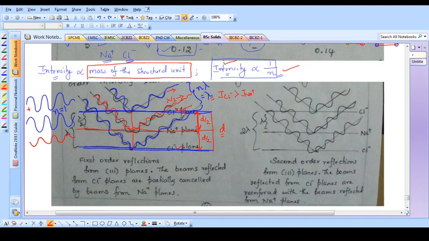So if I mix these three, the result will be an X-ray beam having slightly lesser intensity than the result of adding these two beams.